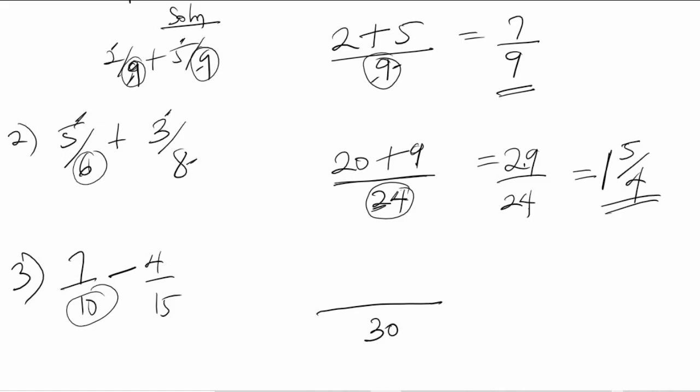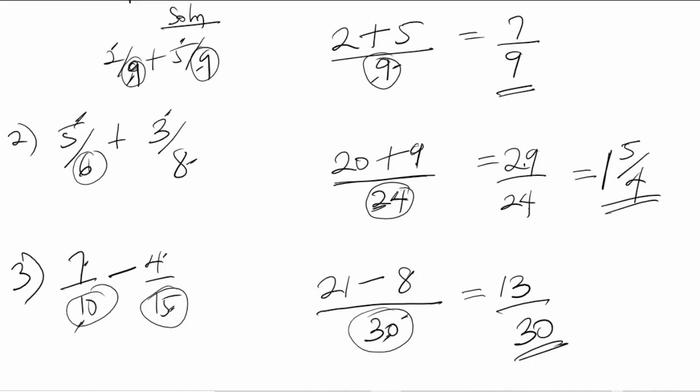A common multiple of 10 and 15 is 30. 30 divided by 10 is 3 times 7 is 21, minus 30 divided by 15 is 2 times 4 is 8. So this will be 13 over 30. Very easy.